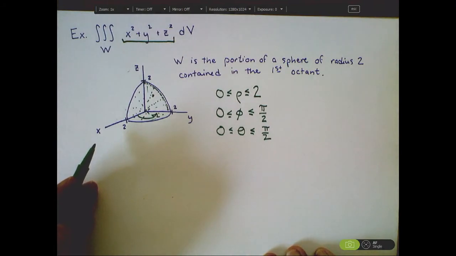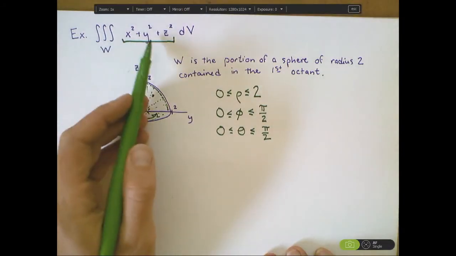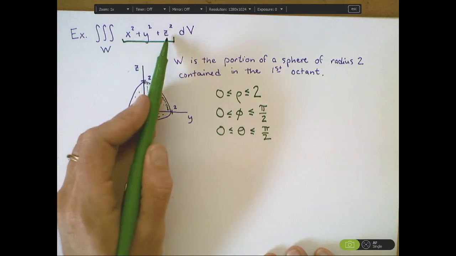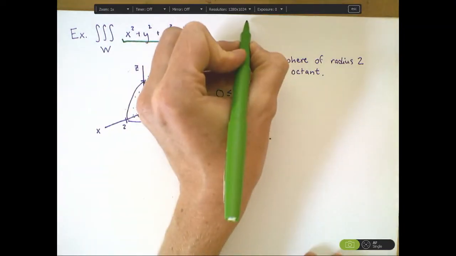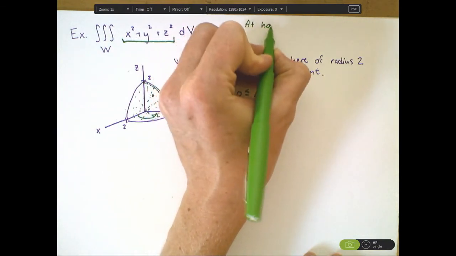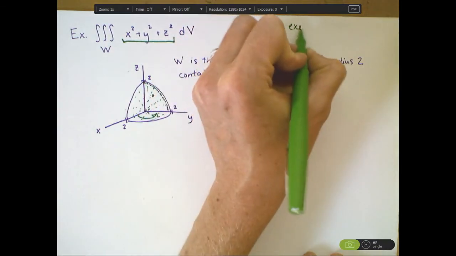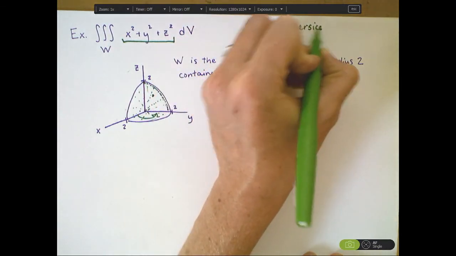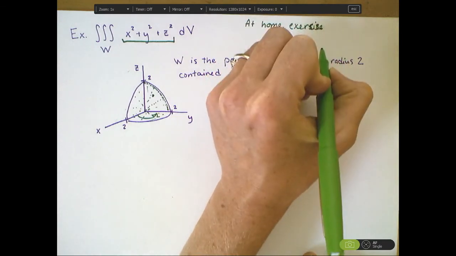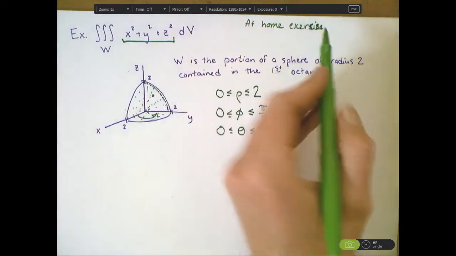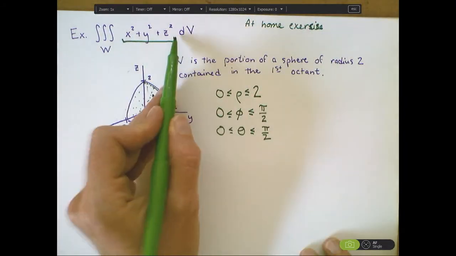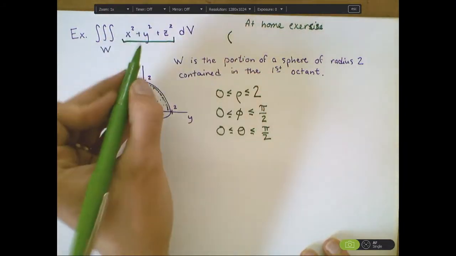Alternately, in the previous video, we had really, really long ways of being able to write out each of these coordinates. And if you wanted to, this is an at-home exercise, you could convert these into their representations.